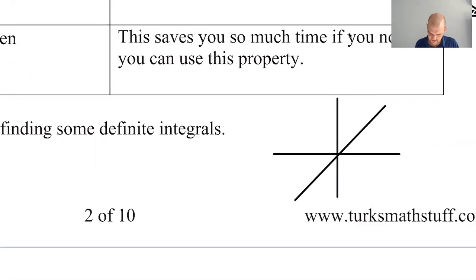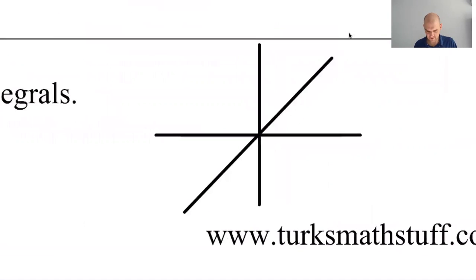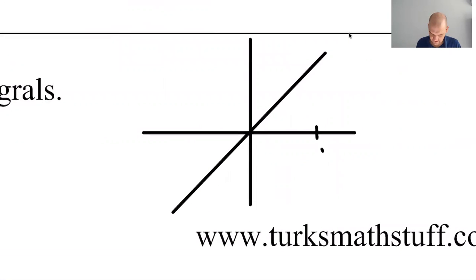So if this is a, then this would be negative a. But because of signed areas, let's say that this has an area of k. Well, this, by symmetry, has got to have an area of negative k.